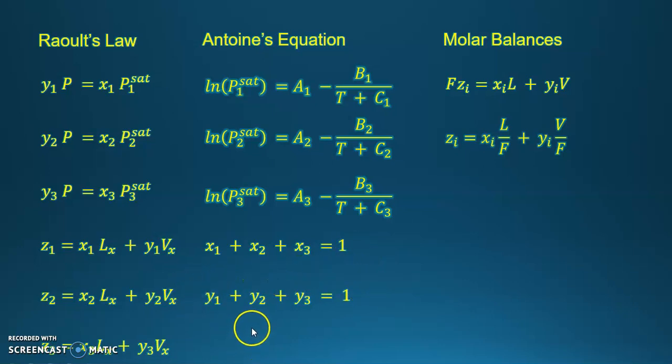For Raoult's law we have three equations, for the Antoine equations another three, and for the molar balances another three. With these two additional conditions, that gives us a total of 11 equations. So that means we need to have 11 unknown variables.